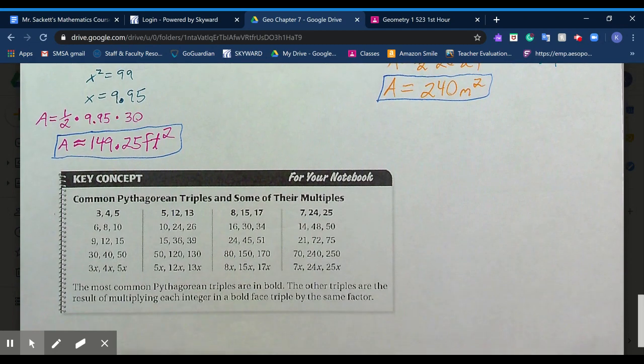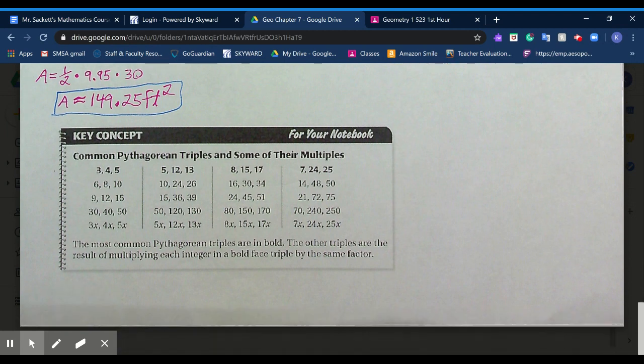So the last idea that we need to cover today is not an example, but just a table here, and the idea of Pythagorean triples. So Pythagorean triples are three numbers that if you have these three sides on any triangle, you know that you have a right triangle.